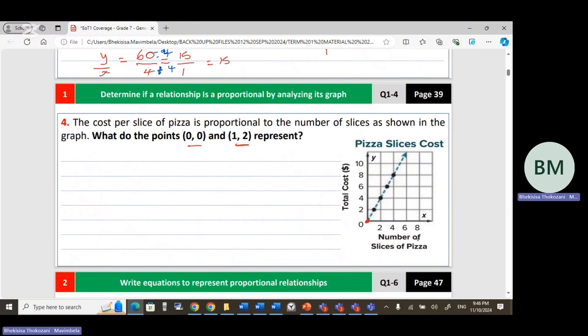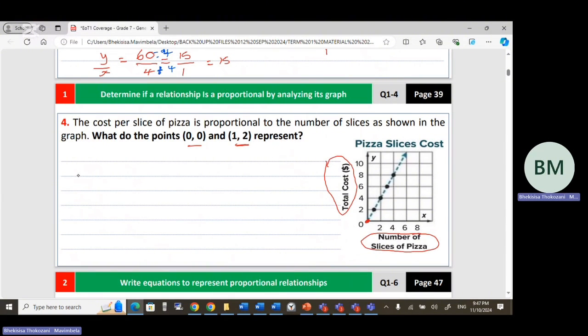We know that here we have the total cost, which is represented by the y coordinates, and the number of slices of pizza, which is represented by your x coordinate.